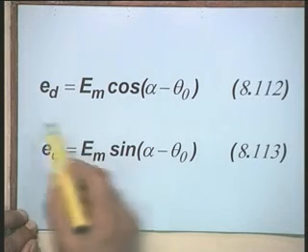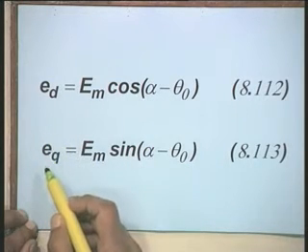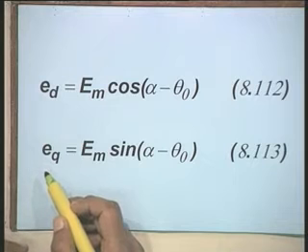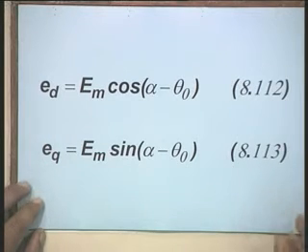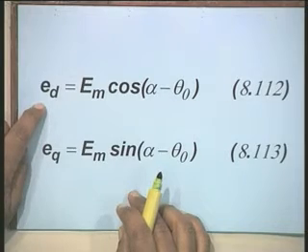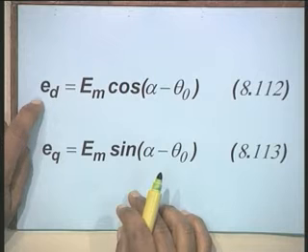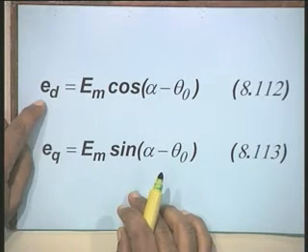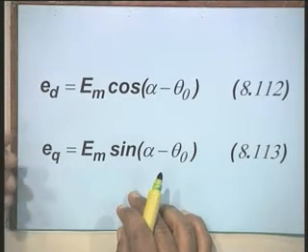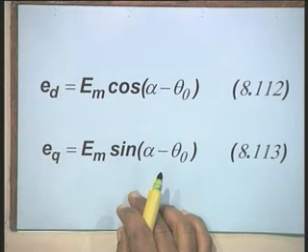That is why I said that ED and EQ come out to be scalar quantities under steady state operating conditions. Now, suppose ED is the d axis voltage and is in per unit. We are more comfortable using the RMS value of the voltage rather than the peak value.